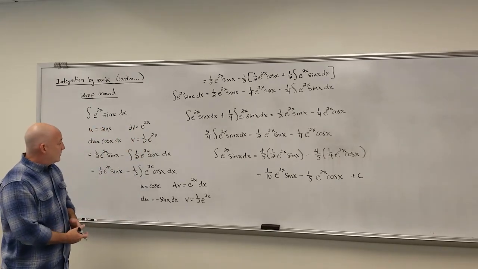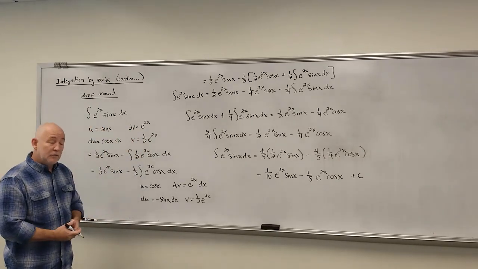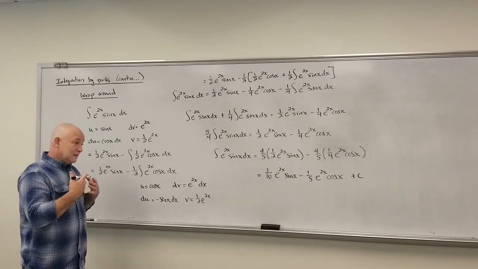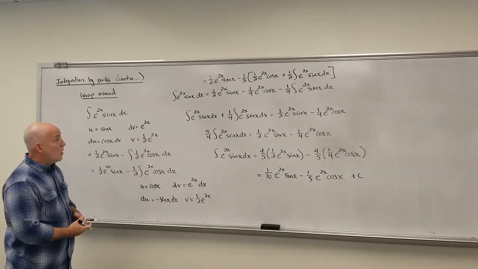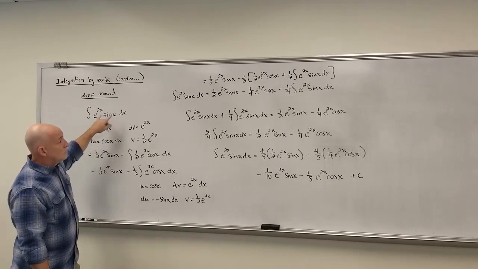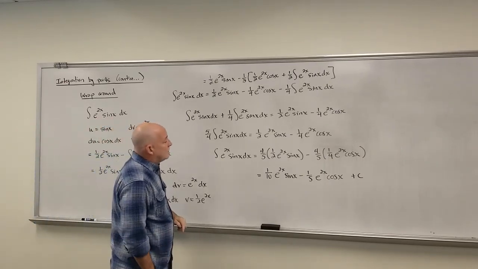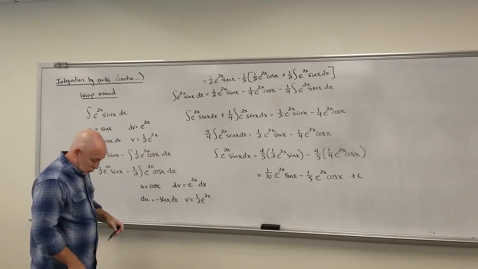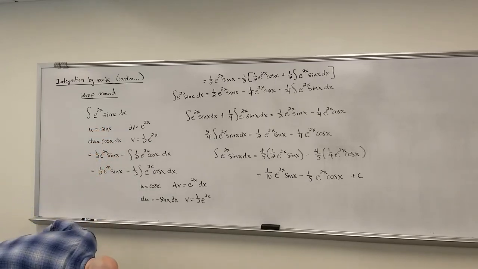So wraparound integrals, pretty messy, they really are, but they happen quite a bit. So make sure that you know how to do these. The idea for a wraparound integral is once you start doing by parts, you end up with the exact same integral that we started with.